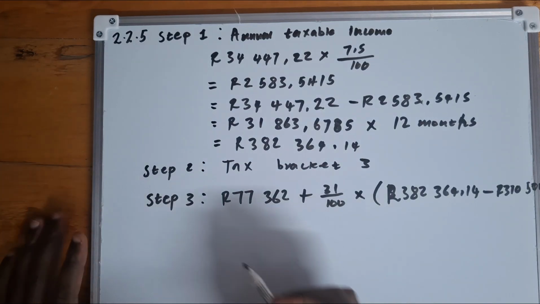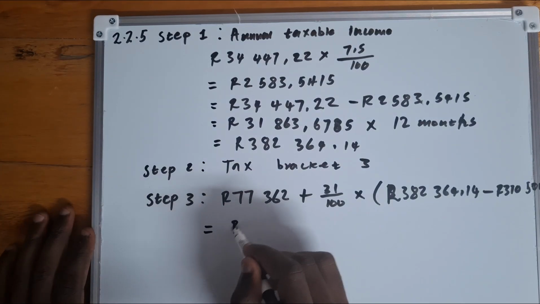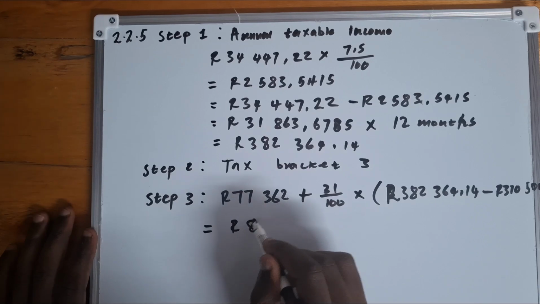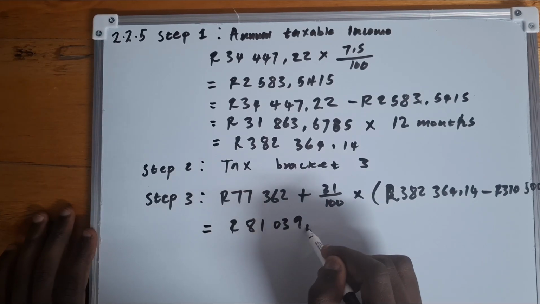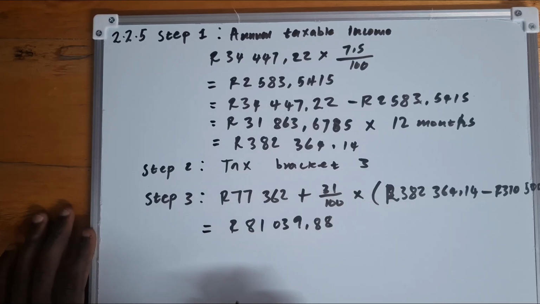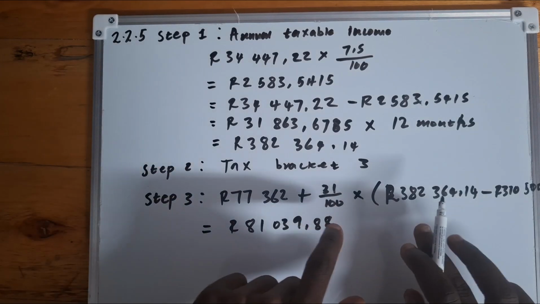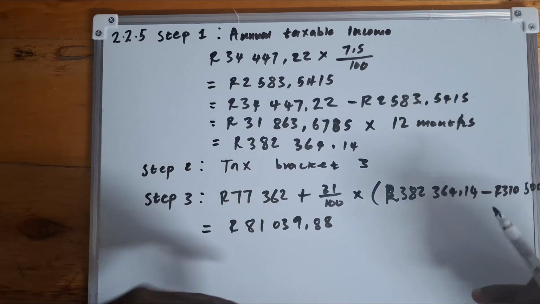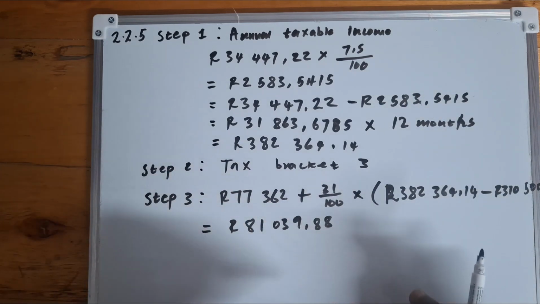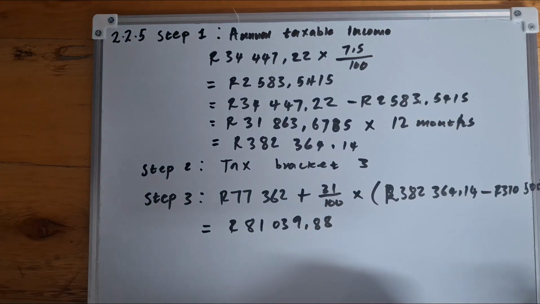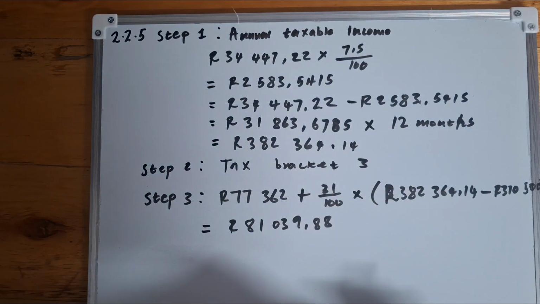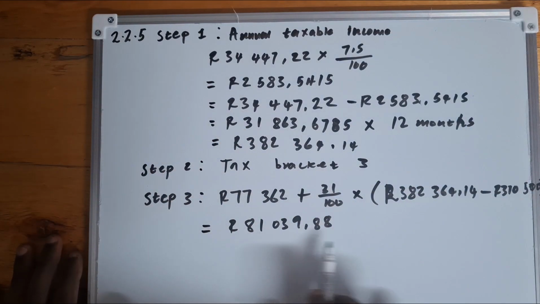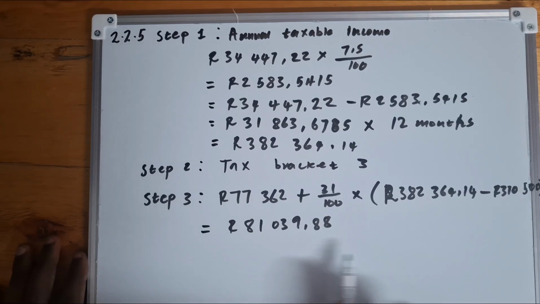Instead, I'm just going to punch this into a calculator to get the amount of 81,039.88. So remember, in your case, you must actually extend this, like how I did on the minimum tax. You must extend this, but in my case, I'm not extending to save time. And then this is my tax payable. You're also going to get this if you are following with me.